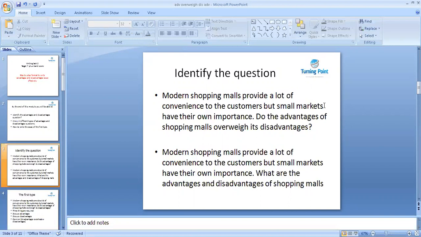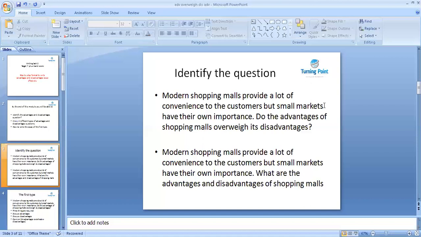And in the second type, the first part will be absolutely the same, but it will ask you just the advantages and disadvantages of shopping malls or any other thing for that matter. So in the second type, your opinion is not asked for.